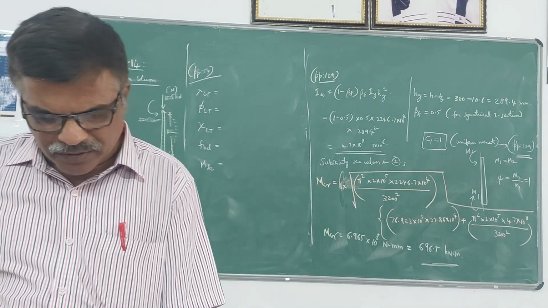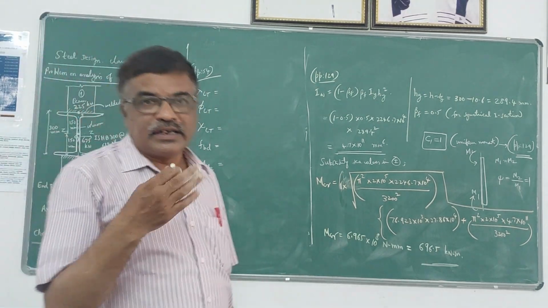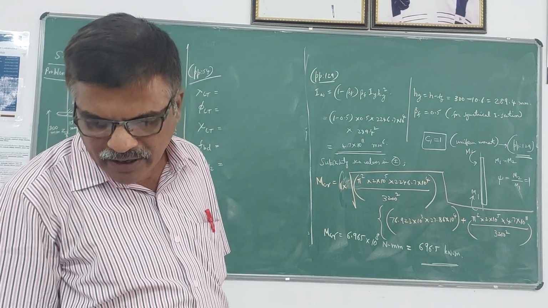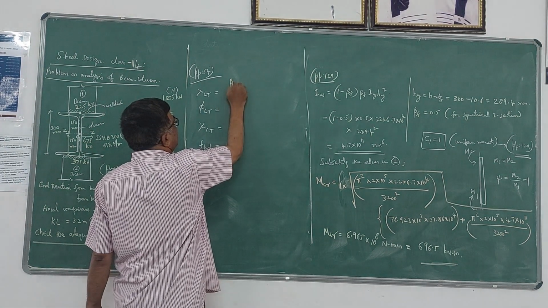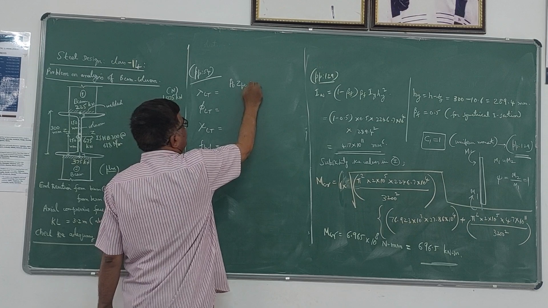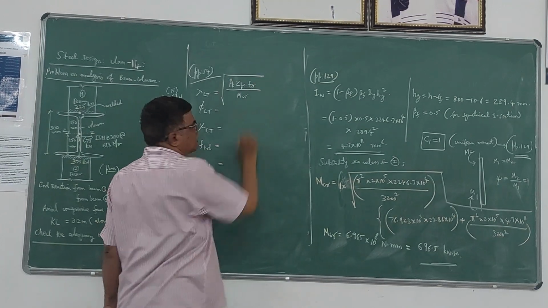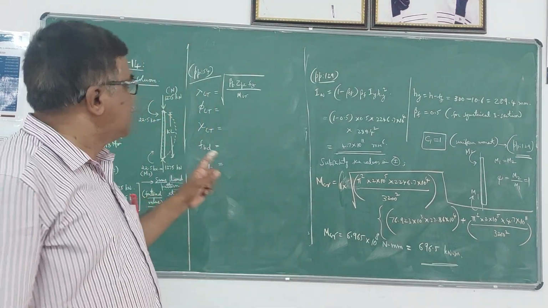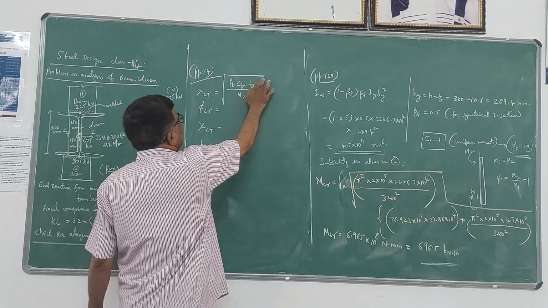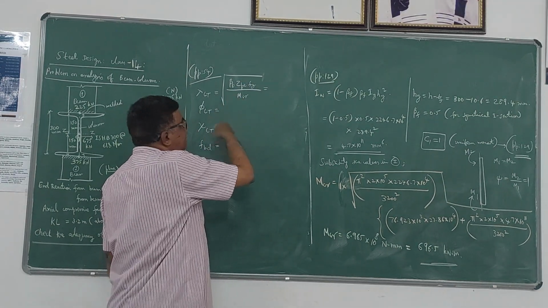If you substitute these values, lambda LT, which is a non-dimensional slenderness ratio, is given by the square root of beta B into ZPZ into Fy by MCR. This is the formula which is available in the code. Here beta B is once again ZEZ by ZPZ, so ZPZ will get cancelled.